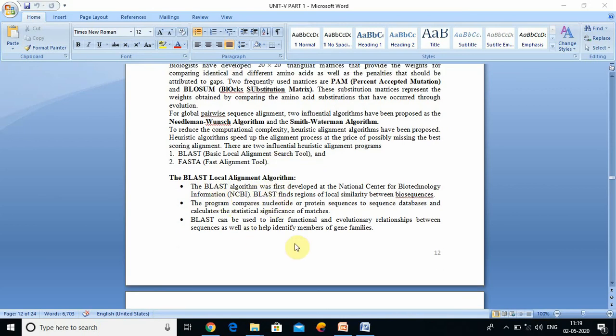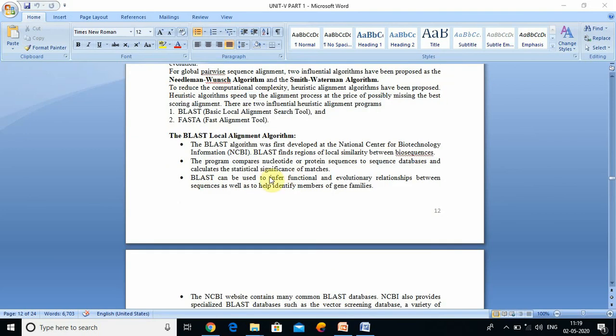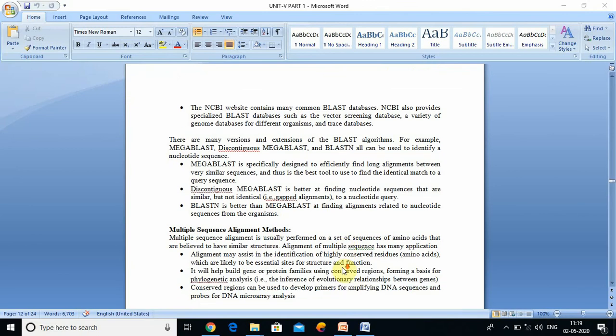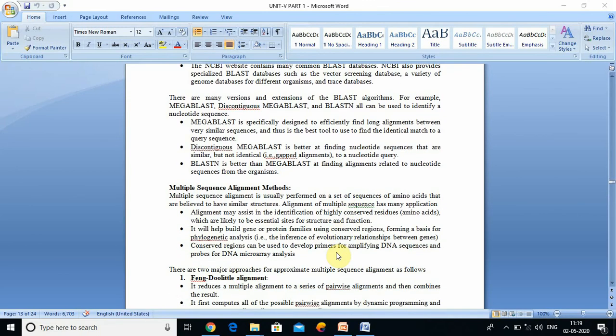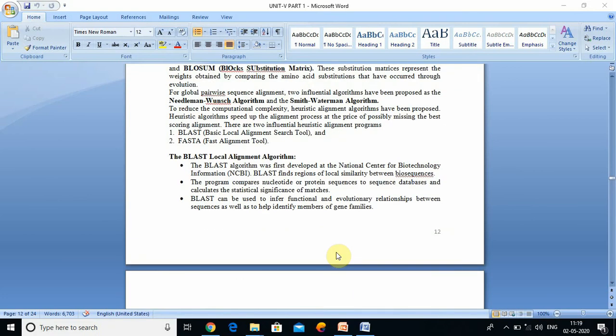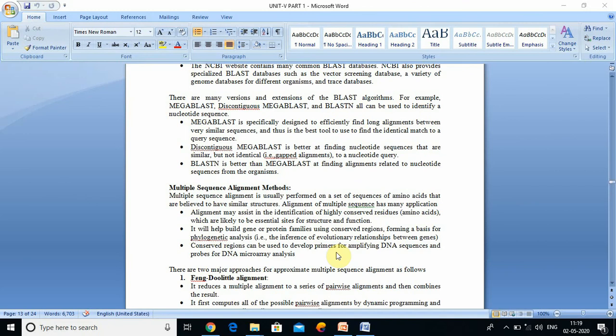This is the BLAST algorithm. All of you observe and read this algorithm. In this BLAST algorithm, we have different types of multiple sequence alignment methods.